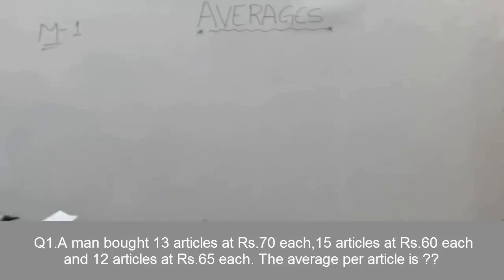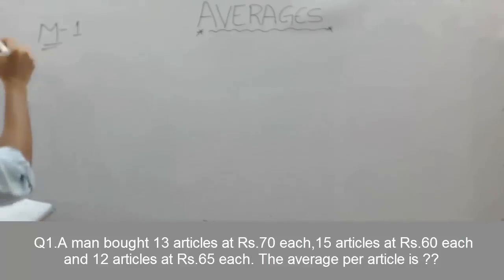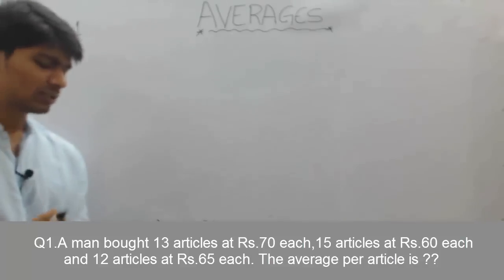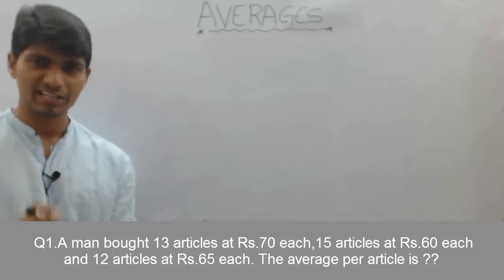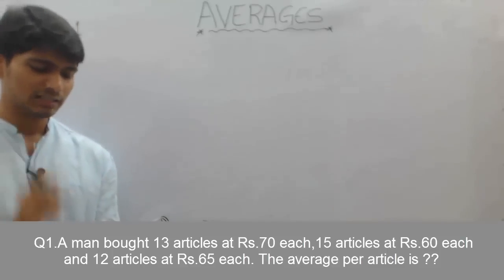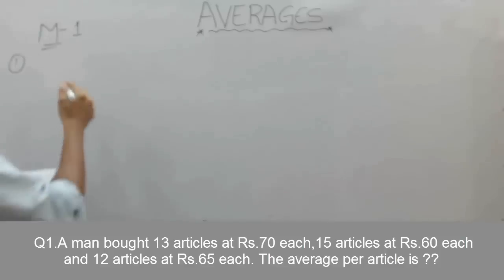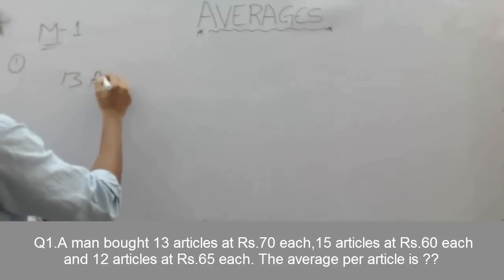The first question is: a man bought 13 articles at rupees 70 each. That means for each article he spent 70 rupees, and bought 13 articles.